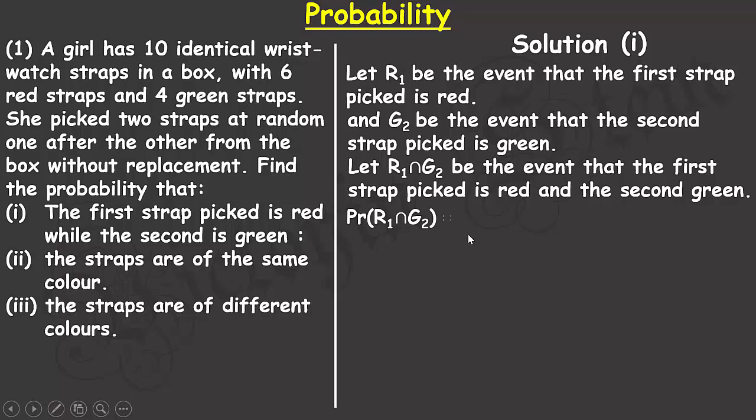Now, if that be the case, I can represent it as the probability that the first strap picked is red. Remember, intersection means and implies multiplication. Multiply by the probability that the second strap picked by the girl is green. Now, the probability of picking a red strap by the girl from the box is, how many red straps are in the box?